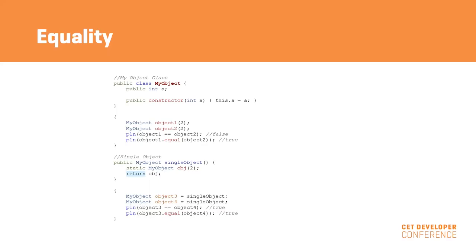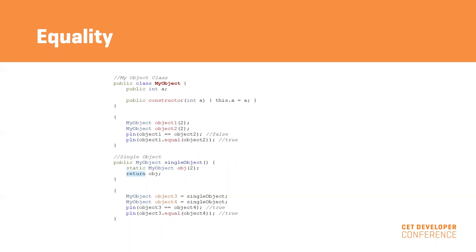So my field values are the same. In the second example, I've created the same instance twice, so object 3 and object 4 are referencing the same instance. Object 3 double equals object 4 will return true, and so will dot equals.